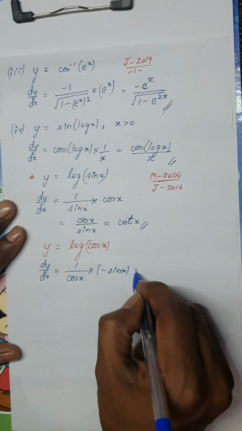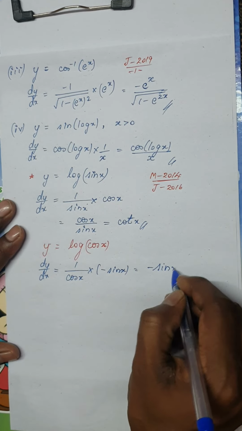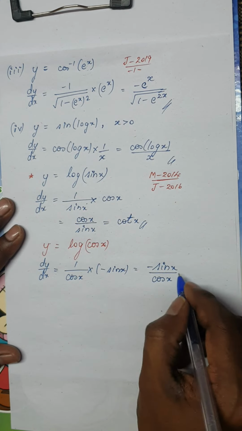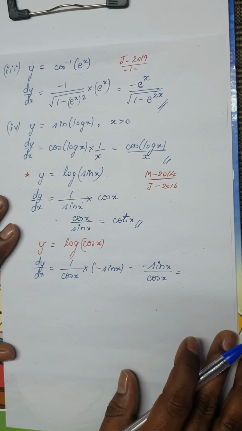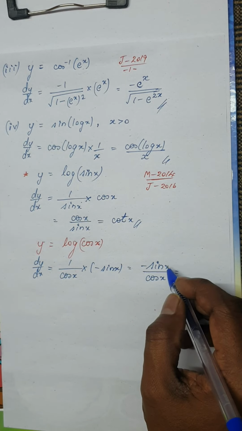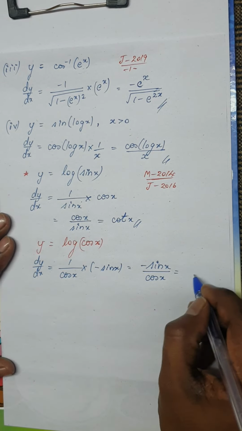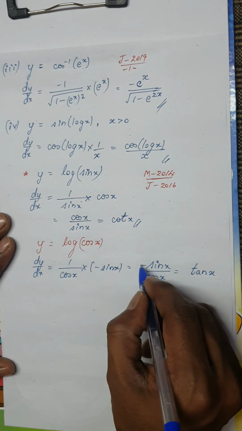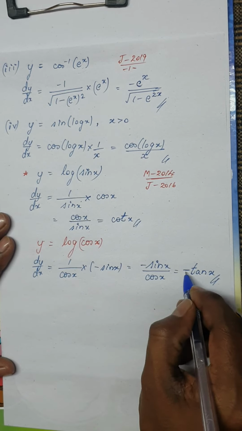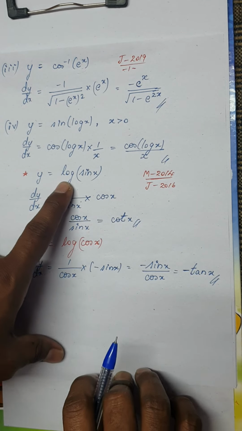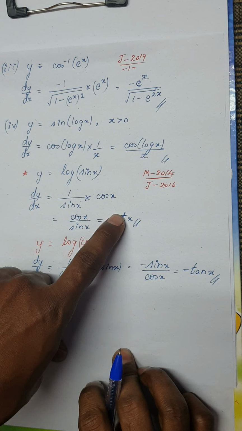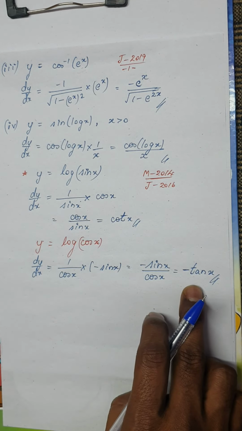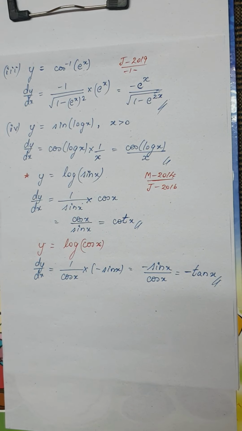So this becomes minus sine x divided by cos x. Sine by cos is a standard ratio, that is tan x, and because I have a minus here, I'll get minus tan x. So you can use this standard result: the derivative of log of sin x is cot x and the derivative of log of cos x is minus tan x. Very simple, isn't it?